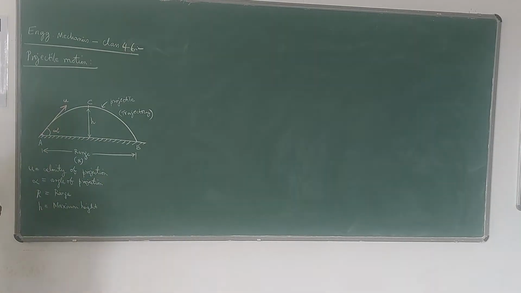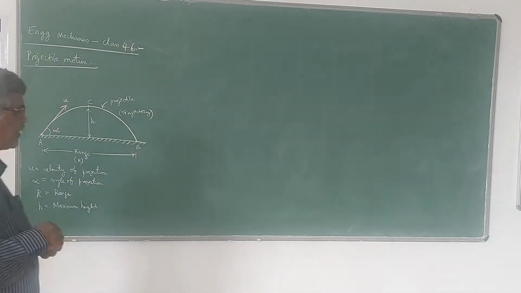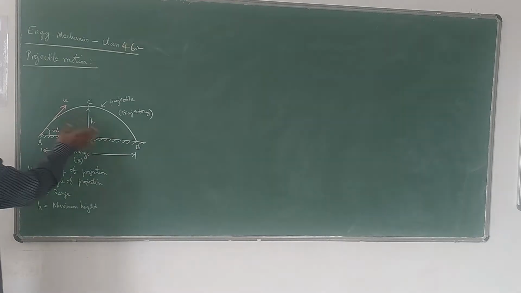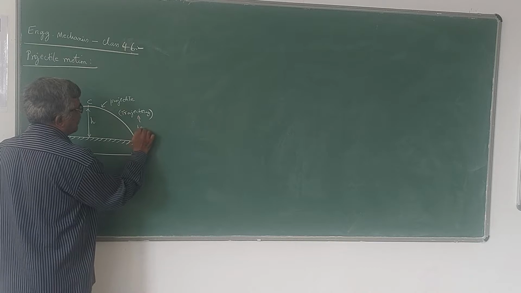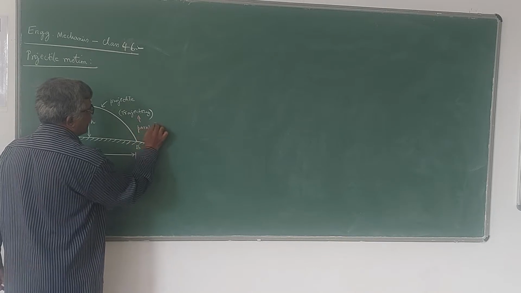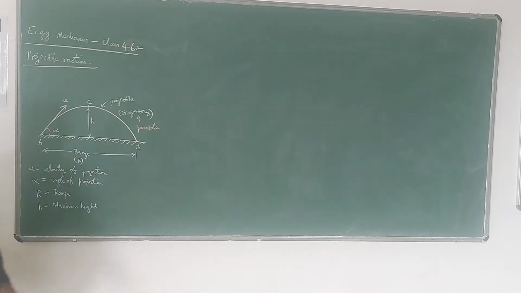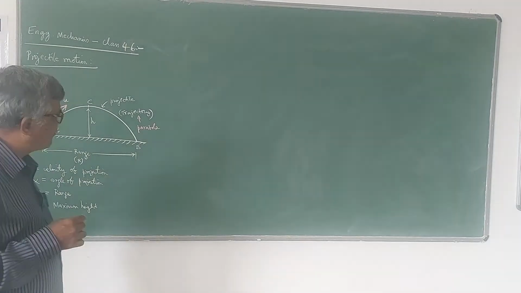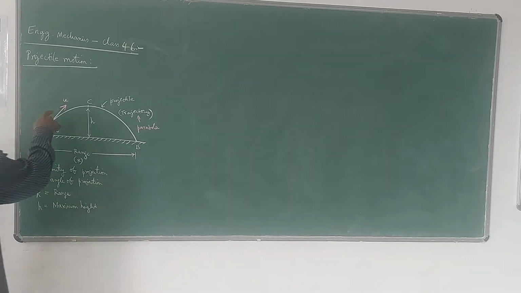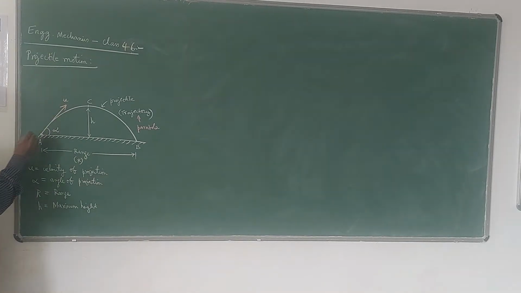One thing here is, you can see that the trajectory is a curve. As already told, we can prove that this trajectory is a parabola. We will prove that later. Since this consists of an inclined projection with some angle alpha, this velocity u will have two components.